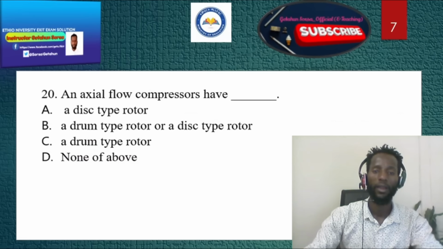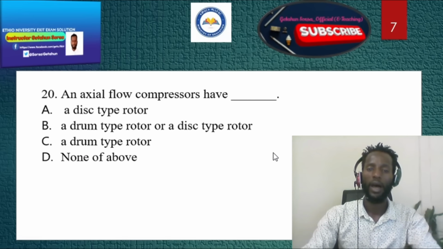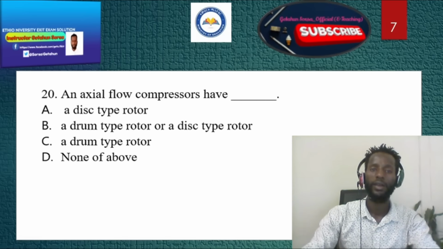Okay, the next one. Axial flow compressors have: A, disc type rotor, B, drum type rotor or disc type rotor, C, drum type rotor, D, none of the above. So for axial flow compressors, which type of rotor is applicable?